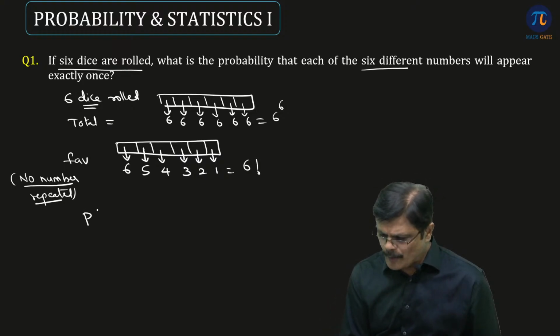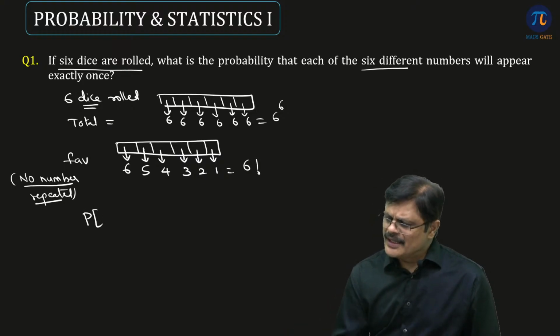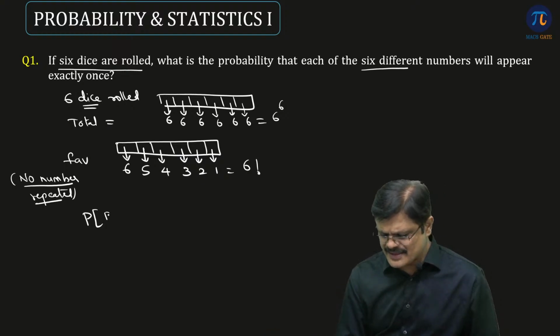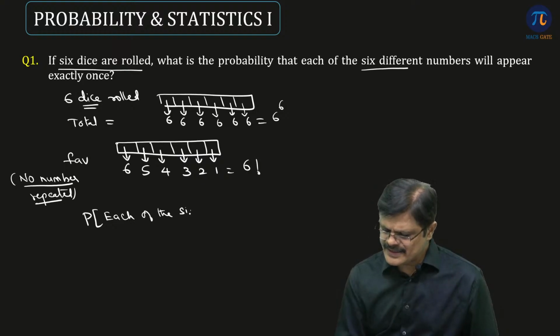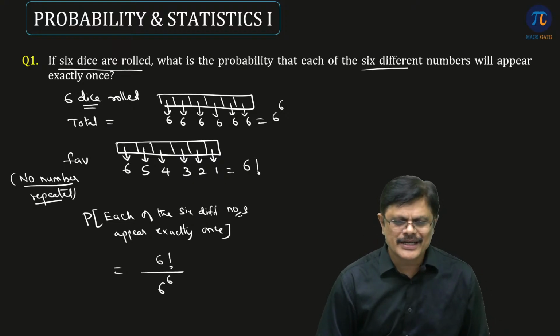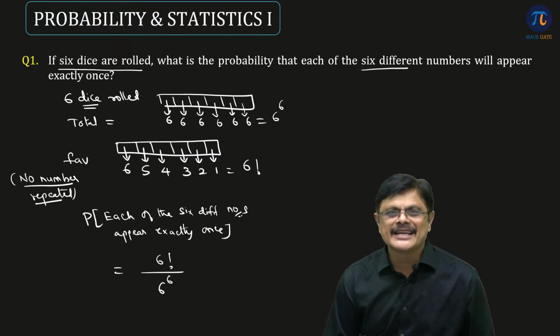So the probability that each of the 6 different numbers appears exactly once: denominator is 6 power 6, numerator is 6 factorial. So that is the answer, my dear friends. Is the idea clear?